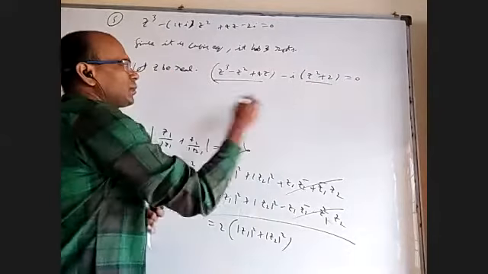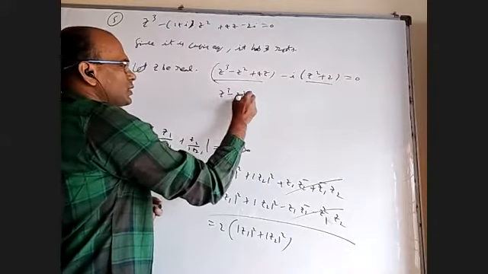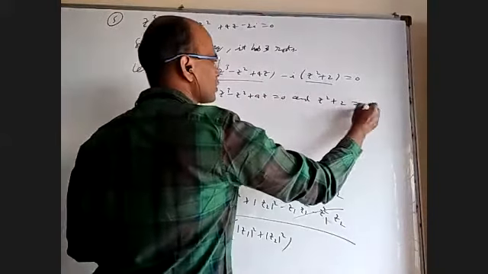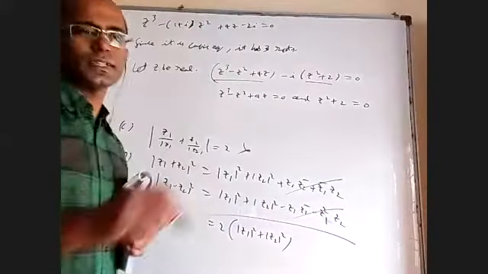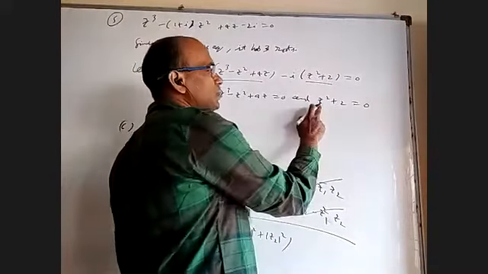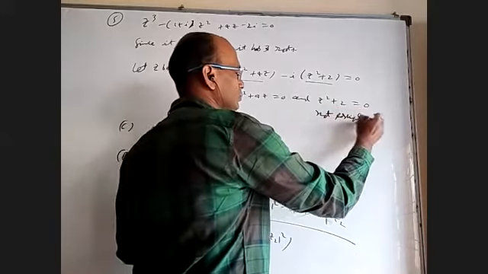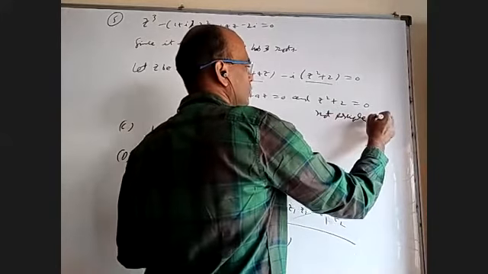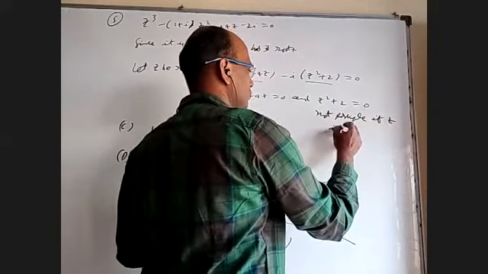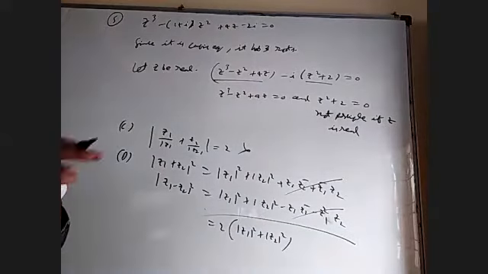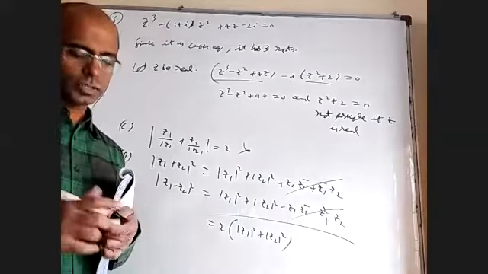When you equate real and imaginary parts, you should get z cube minus z square plus 4z equal to 0 and z square plus 2 equal to 0. But z square plus 2 cannot be 0 if z is real, since something square is positive, plus 2. So it is not possible for real numbers. So it cannot have any real roots. Whatever roots are there, they are complex numbers which are not real.